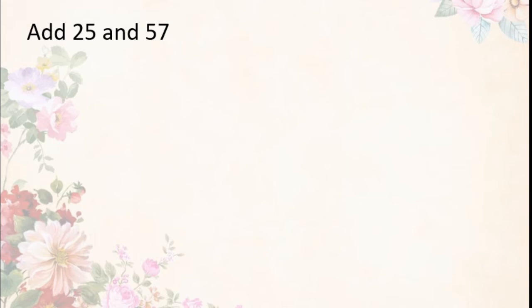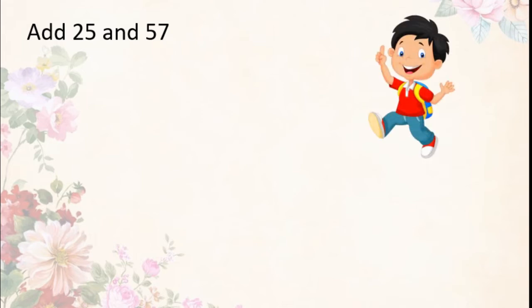Now, one more method I will show you. See here, add 25 and 57. One of our students, Ravi, came. Ravi will do this sum by his method. We will see. He has taken the greater number first, 57. Then what did he do? Plus 10, plus 10, plus 5.